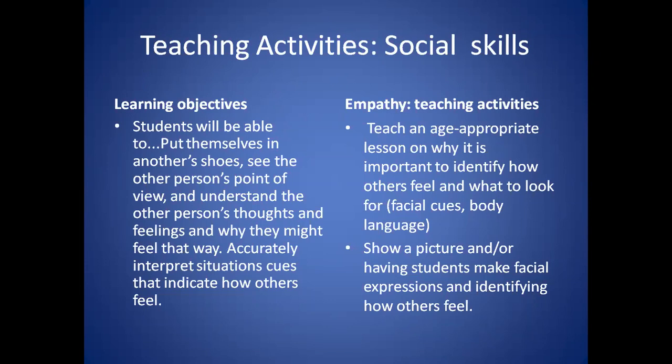So an example of a learning objective would be, of course you would start with a situation, given whatever, students will be able to put themselves in another's shoes, see other people's point of view, understand the other person's thoughts, accurately interpret situation cues. So these obviously have to do with the empathy, social empathy. And what we're doing in these objectives is we're describing some of the things that people who are empathetic are able to do.